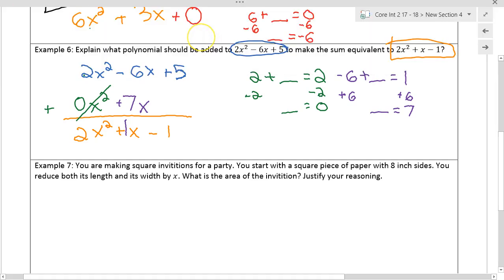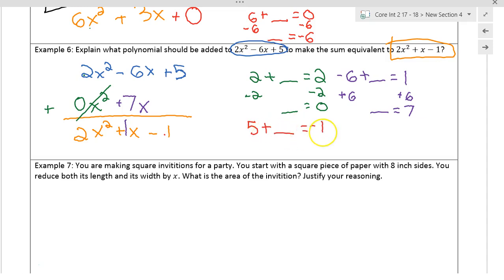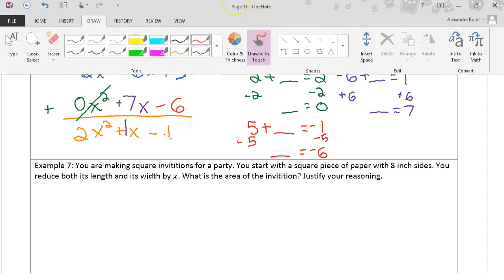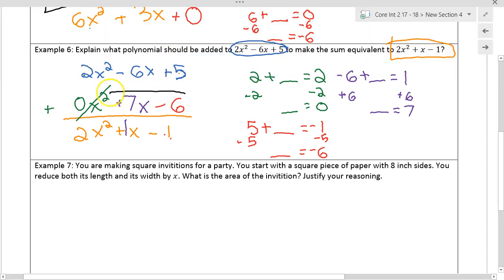The last piece, 5 plus something equals negative 1. Subtract 5, doing the opposite: negative 1 minus 5 is negative 6. 5 minus 6 is negative 1. So my missing polynomial here is positive 7x minus 6.